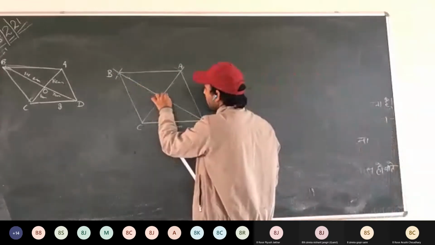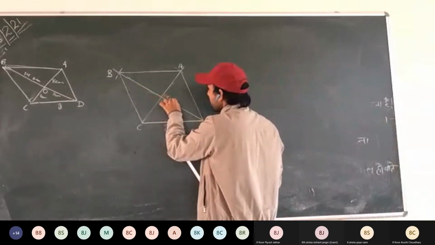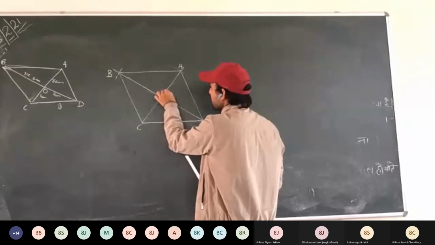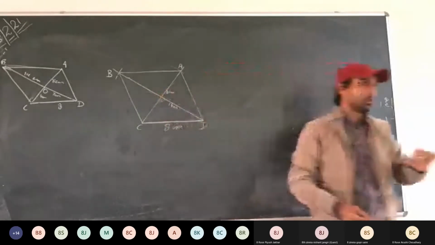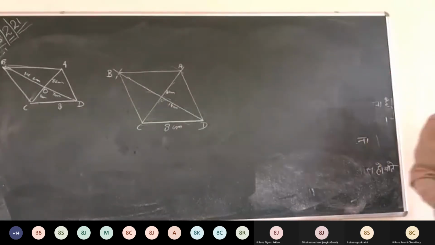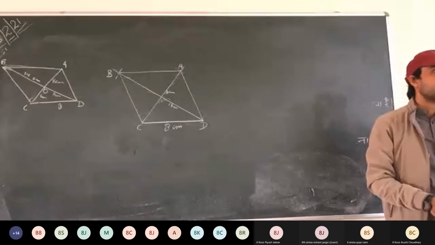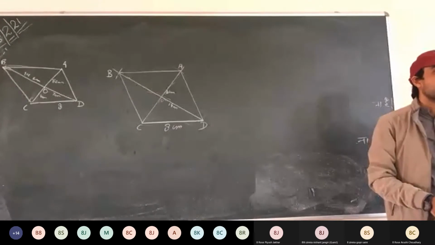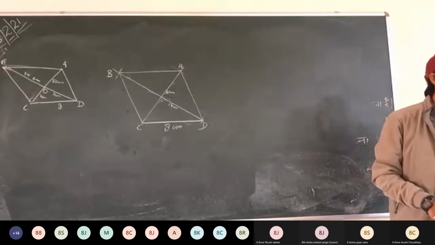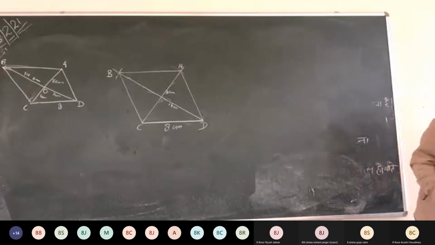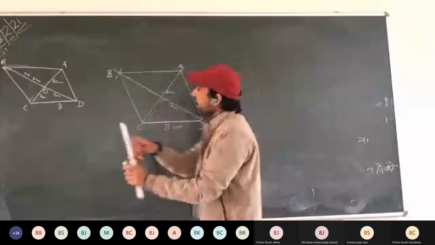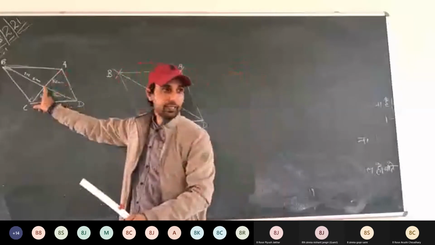This is how much? 14. 7 centimeters. Total is 14 centimeters. Yes, look front. Clear to everyone? How did we get A? From C, this is 4 centimeters.